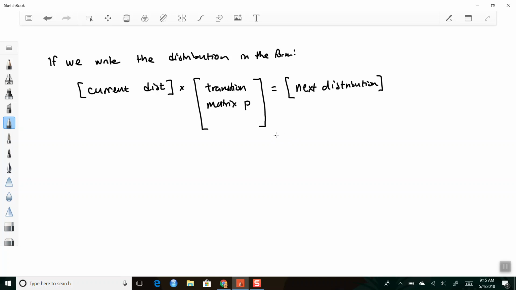So then P has the property where row sums equal 1, okay?